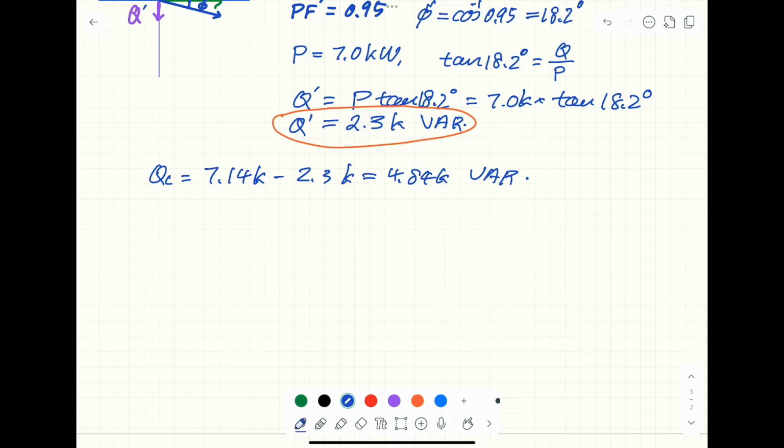This is for part C. Part C asks what value of capacitor you should put to reduce the overall phase angle or the power factor.